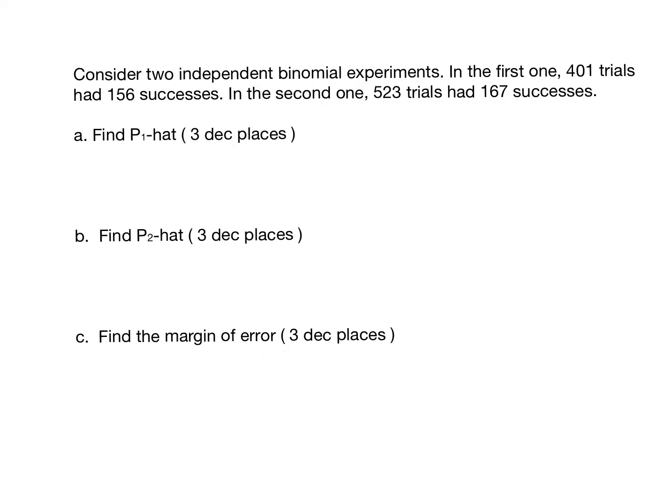Consider 2 independent binomial experiments. The first one has 401 trials and 156 successes. So while I'm reading, I might as well say, since that's the first one, we're going to find P1 hat. That is the 156 divided by the 401.